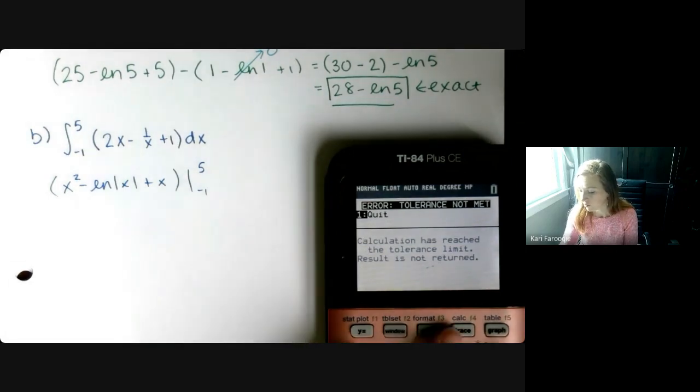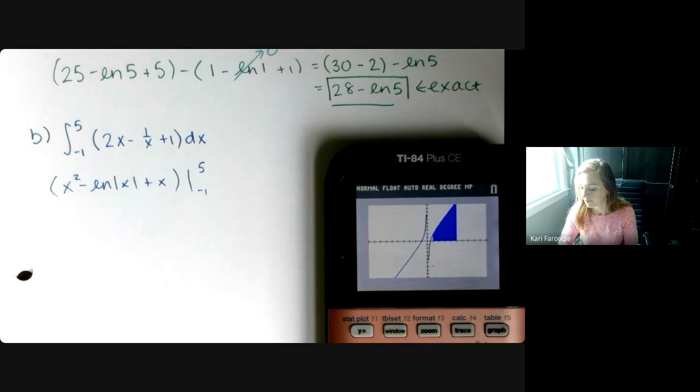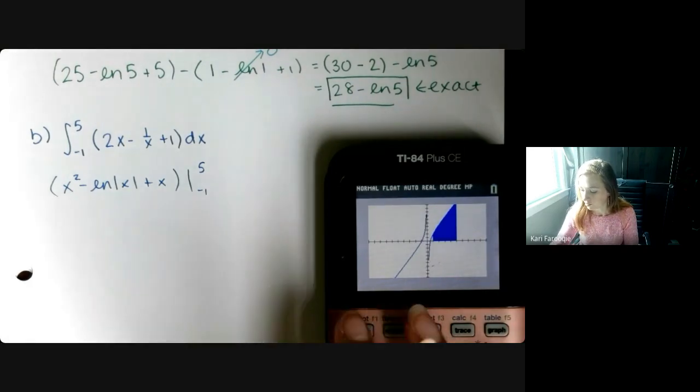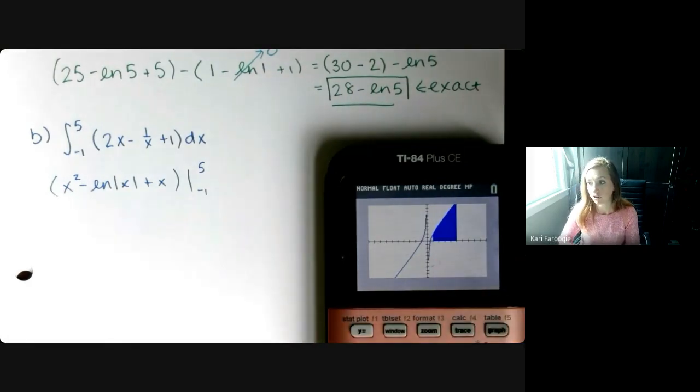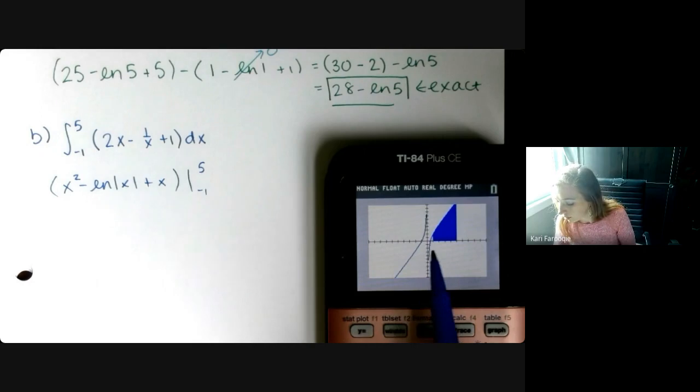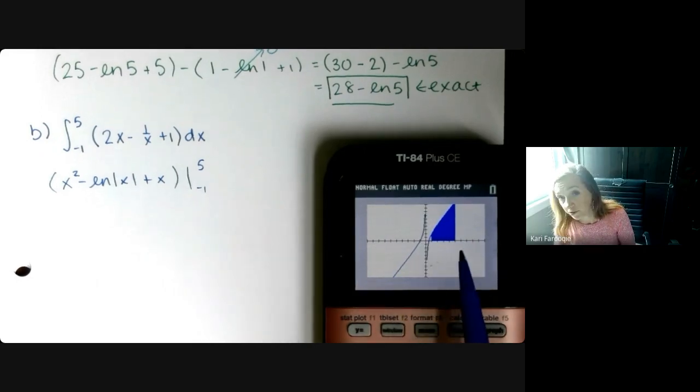If I go back to my y equals, oh no, there we go. First of all, it still has this initial calculation in it. What it has to do is go from x equals -1 all the way up to +5. When it goes from -1 to +5, it has to cross over a vertical asymptote.